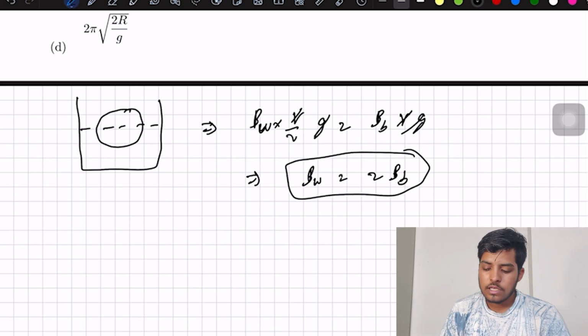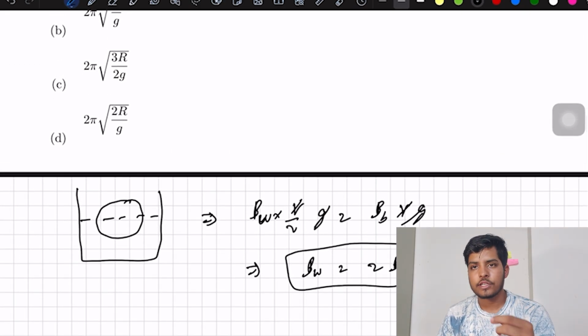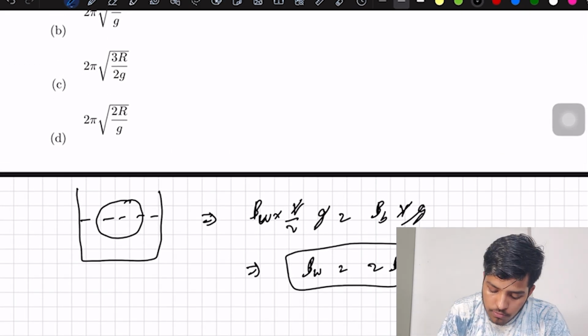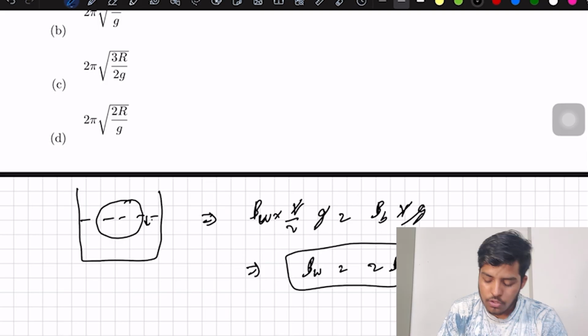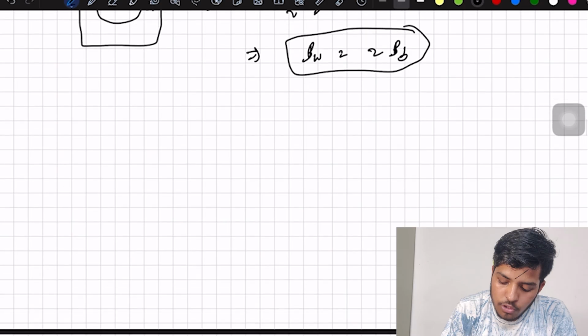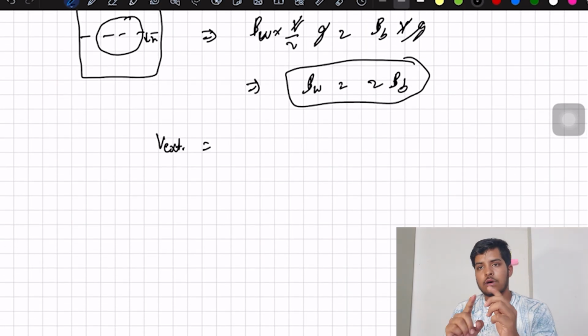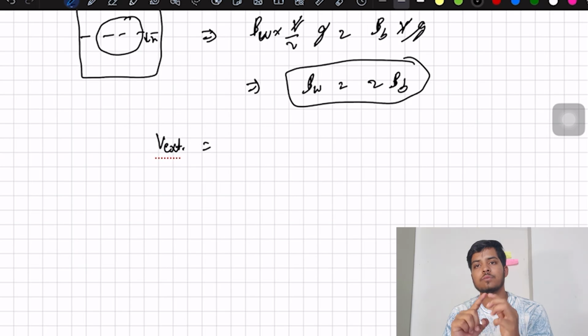Now it is saying that it is pushed quite gently. So let us assume that from this surface it got submerged by x. So what is the extra volume that got submerged? Extra volume equals the cross sectional area, that is pi r square, into x.